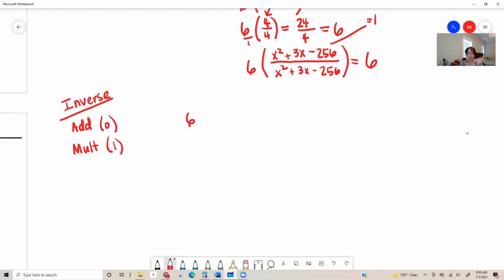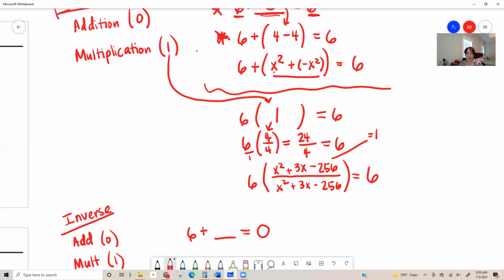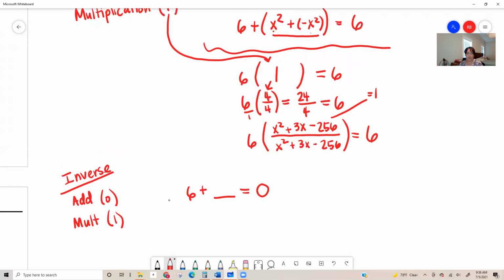We say that we can start with 6, we can add some number to 6, and we get 0. Up here, notice we added 0 and we got the original number back. But in this case, we're looking for the inverse of 6, okay? Which for addition is the opposite of 6. The opposite of 6 is -6. They call whatever number goes here your additive inverse.